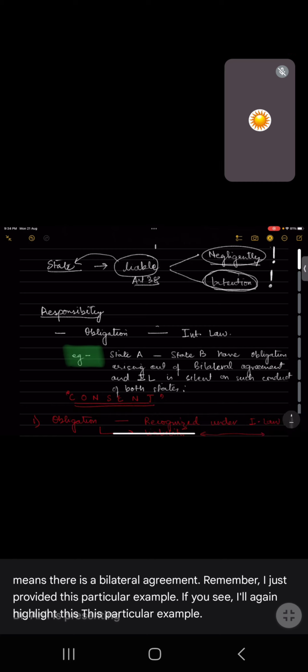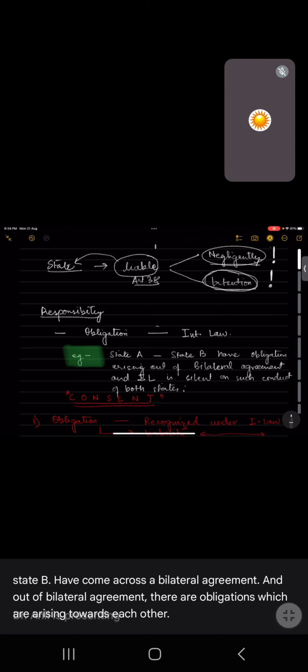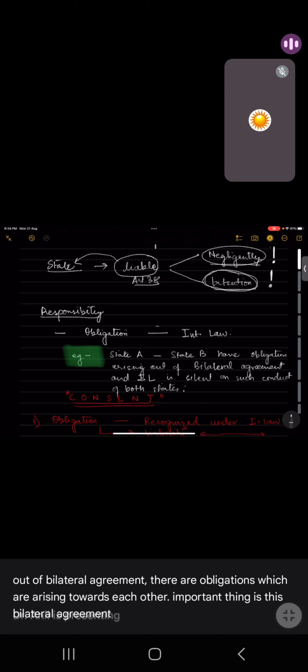Pay attention to this example. State A and state B have come across a bilateral agreement, and out of the bilateral agreement there are obligations arising towards each other. Important thing is, this bilateral agreement is not backed by international law.